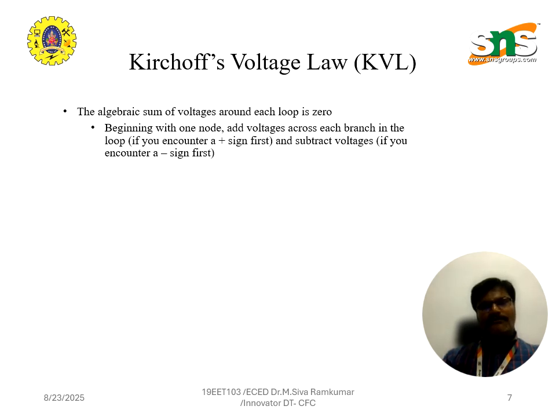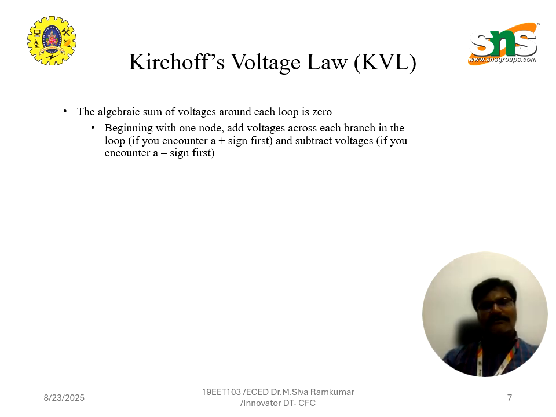Now let's move on to Kirchhoff's voltage law, or KVL. KVL states that the algebraic sum of all voltages around any closed loop in a circuit is zero. In simple terms, this means that the energy supplied by the source in the loop is exactly equal to the energy consumed by resistors or loads.